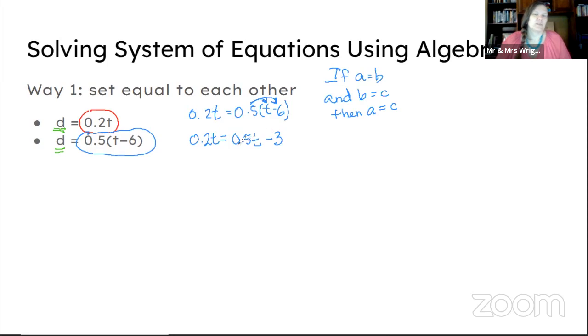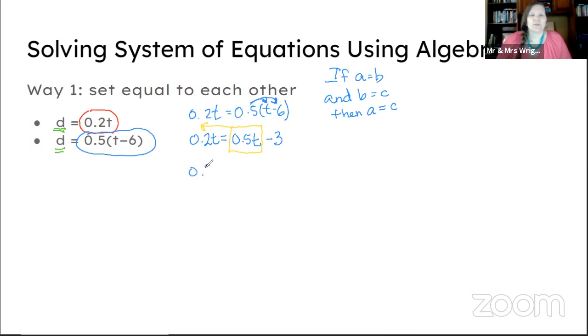Okay, so now what we need to do is get all of our variables over to the same side. I'm going to take this variable on the right and move it to the left. And remember, if something changes sides, it needs to change signs.